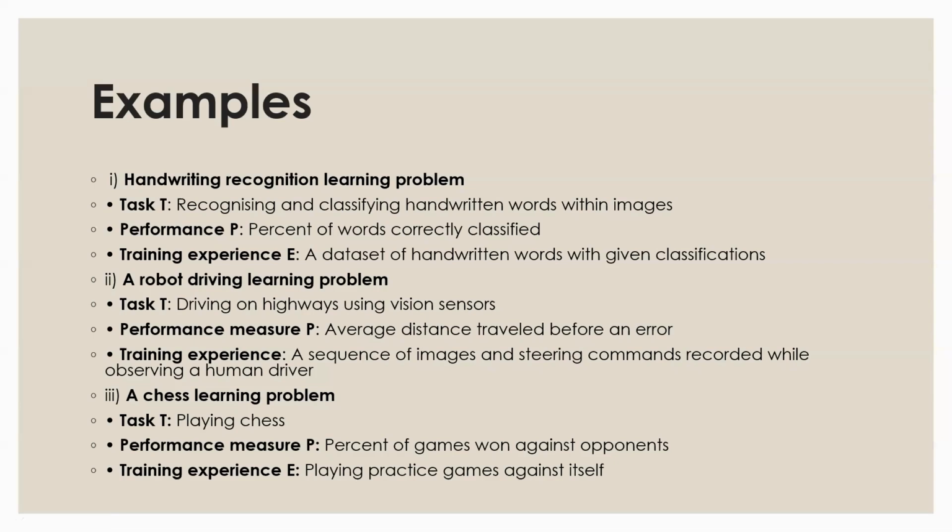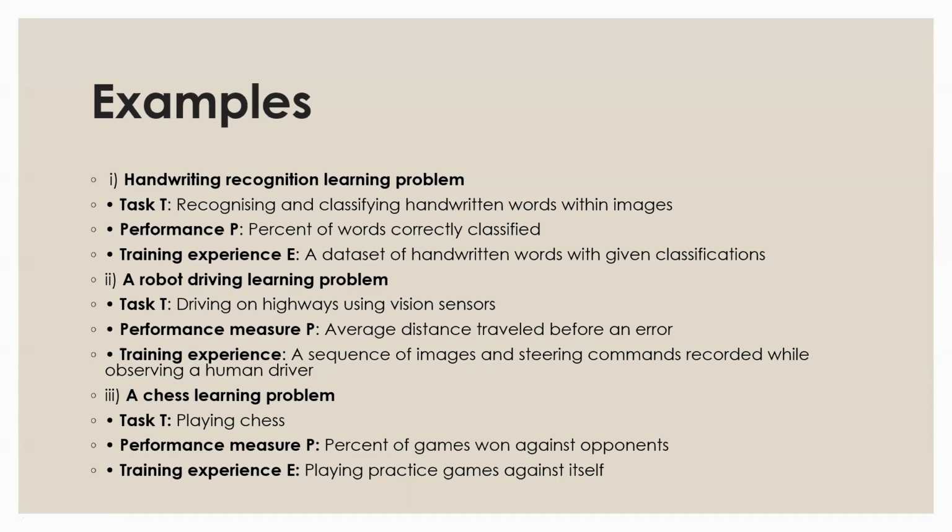And what is the parameter in this? How will we assess whether it is right or not? One aspect is that a human should check whether it is telling right or wrong. The other could be the percent of words correctly classified. Now, where is this coming from?